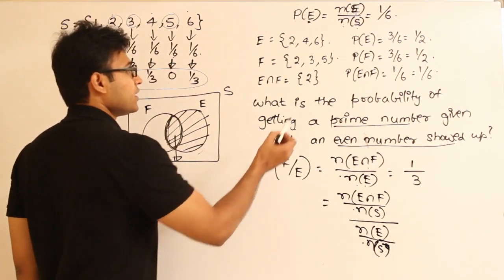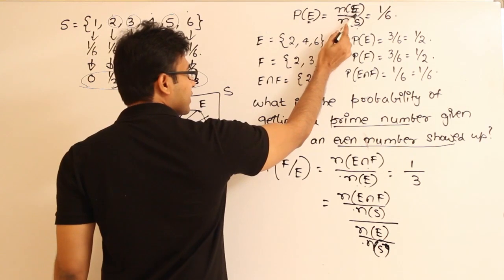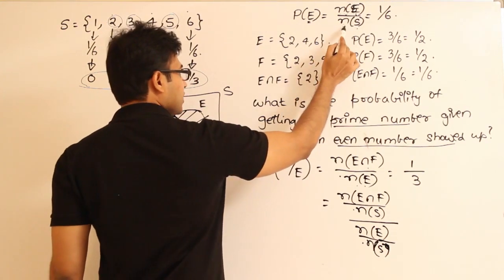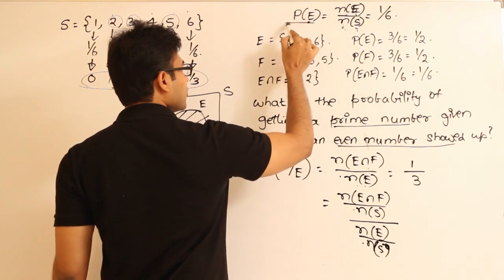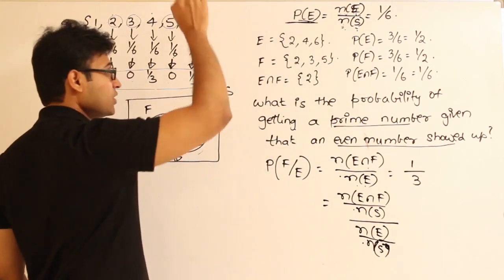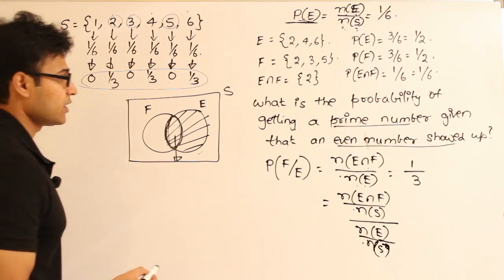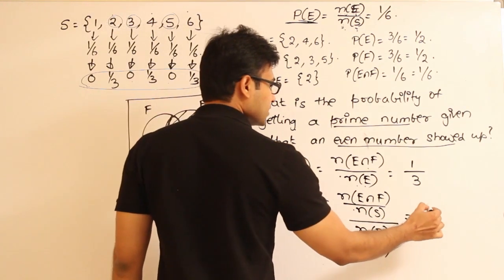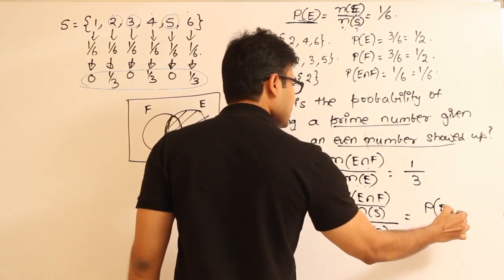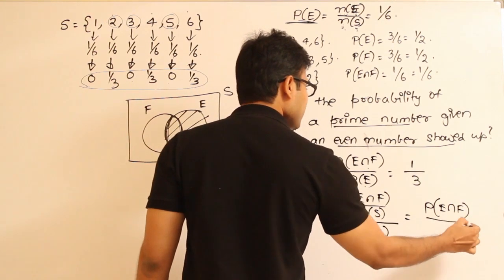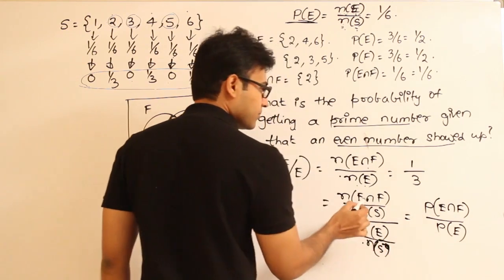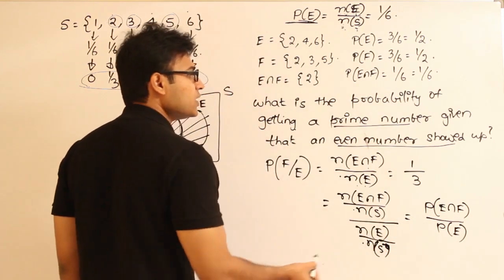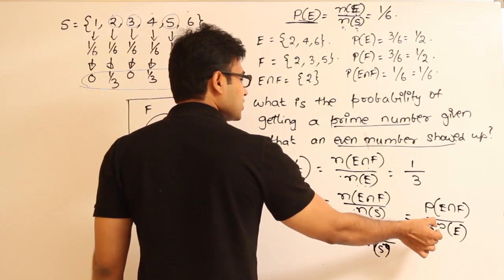And we already know that if you take the number of elements in an event and divide it by the number of elements in the sample space, we get the probabilities, which are nothing but the original probabilities, not the changed probabilities, right? So that is how I can write this as P of E intersection F divided by P of E, isn't it? Now these probabilities are original probabilities.